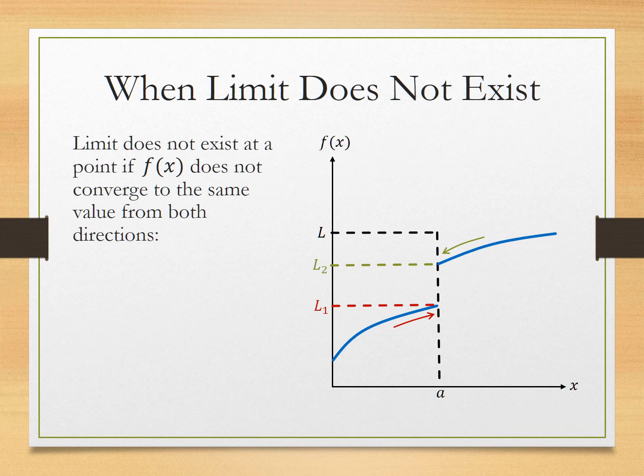So for this particular function, as you get closer to A, the function gets close to not one but two values, depending on which side you're looking from.